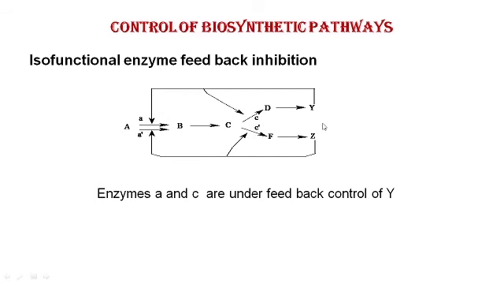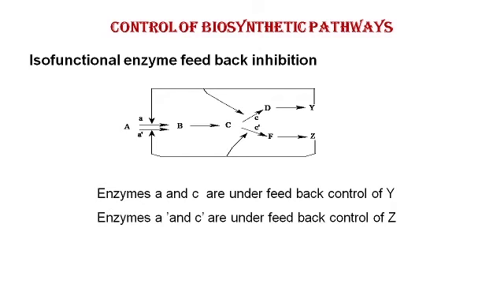So in the isofunctional enzymes, each product has the ability to regulate its own production, but it will not affect the production of the other product of that branched pathway.